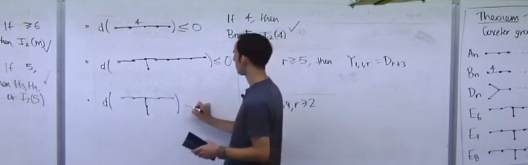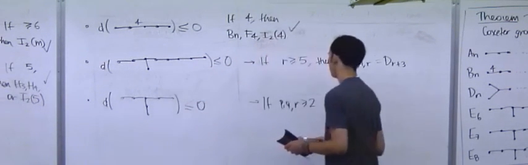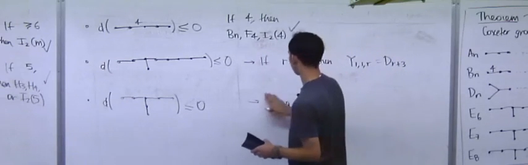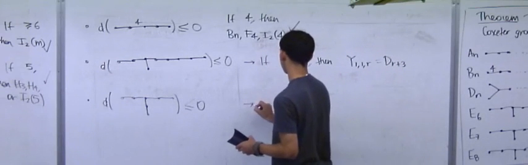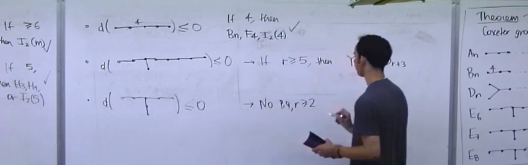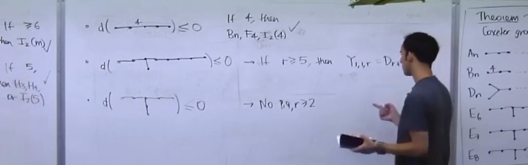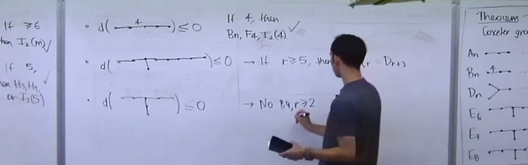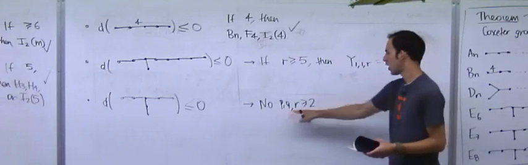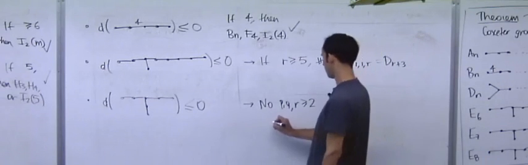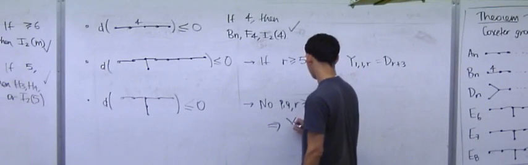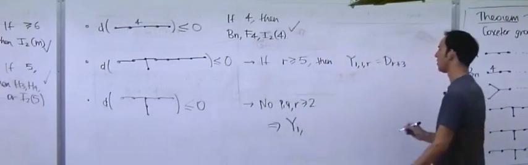Because you compute this and you get that this is less than or equal to 0. So you can't have this, okay? And then you just do all the possibilities, right? You say, okay, well, they can't all be greater than or equal to 2. So one of them has to be 1.